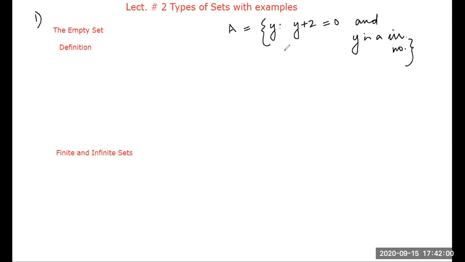Now students, in this set, can you think of any element?